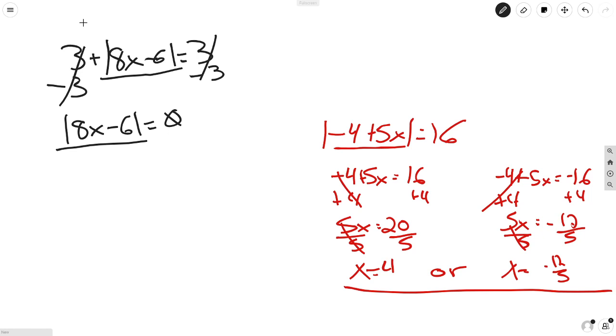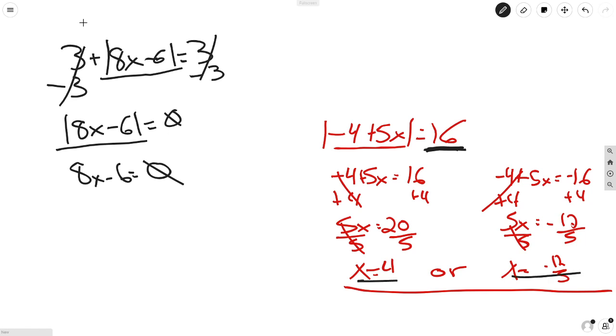Now in this case, we have the absolute value set equal to 0. There is no positive or negative 0. There is just 0. So in this case, we only set up one equation. We're only going to have one answer. When we have a positive number here, like positive 16, we got two answers.